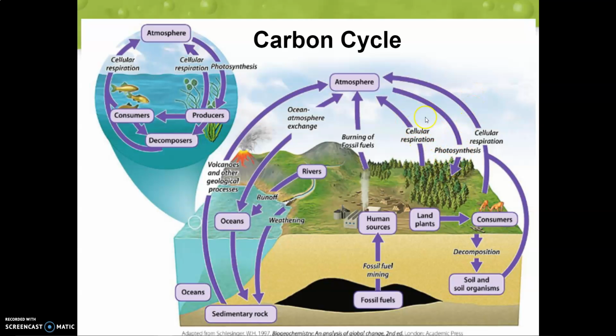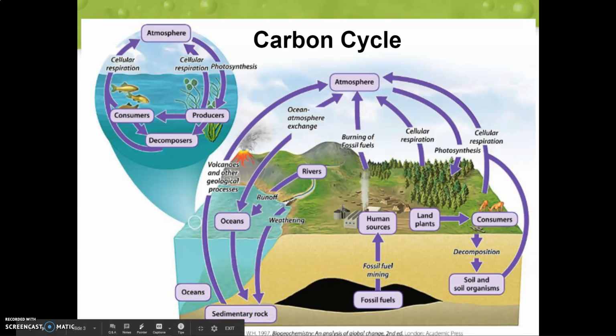All right, so you have photosynthesis happening with the trees, cellular respiration happening with these animals over here. So these are our consumers. They can start decomposing after they die, return back to the soil, okay, and then it starts that cycle again.